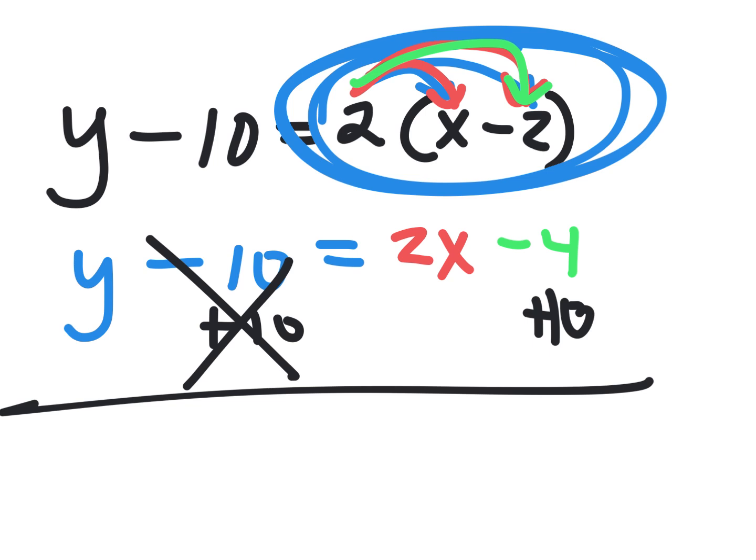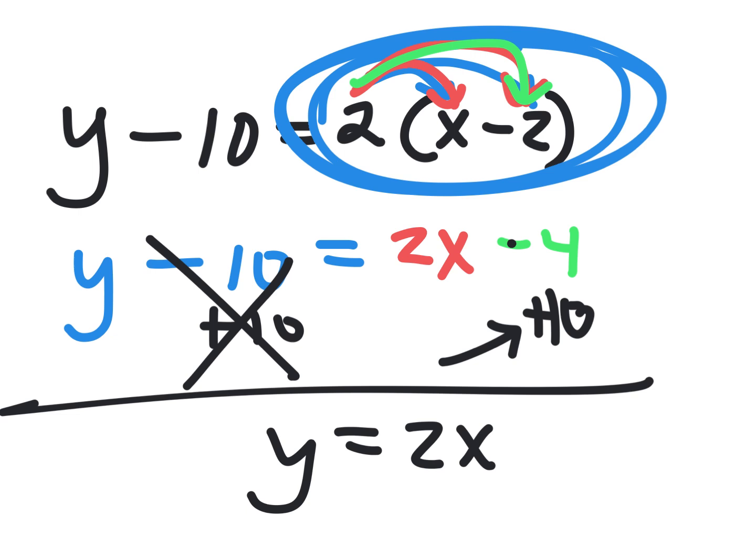These cancel. Y equals 2x, negative 4 and positive 10. See, I added 10 to both sides. Makes positive 6. The common wrong answer is 14 or negative 14. But one of these is negative and one of them is positive. So there's your final answer: y equals 2x plus 6. That's in slope intercept. The top one was in point slope.